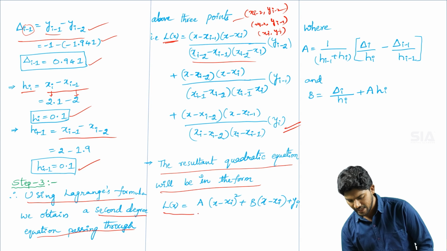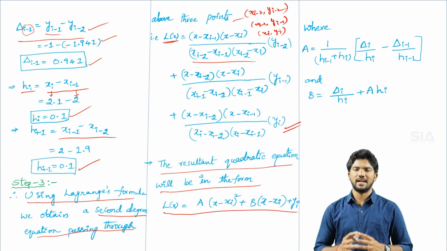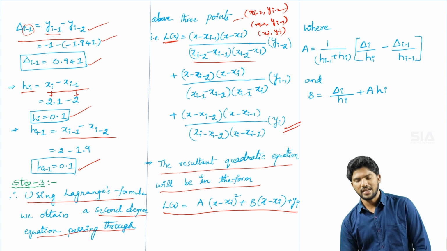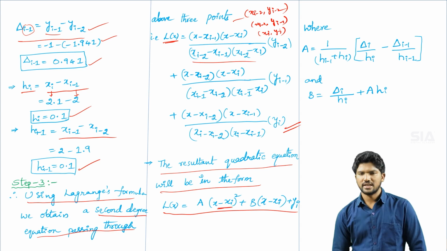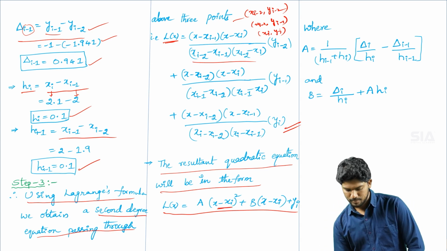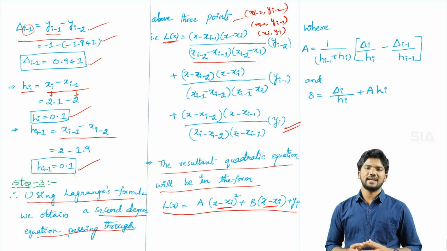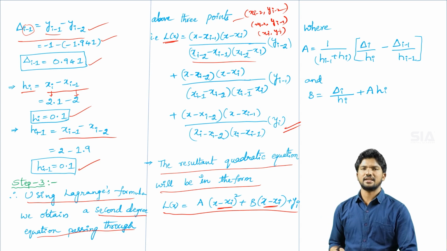That quadratic equation exists in this format: L of x is equal to the total right-hand side converted into capital A into x minus x suffix i whole square plus b into x minus x suffix i plus y suffix i. That is the resultant quadratic equation. This is the general procedure.